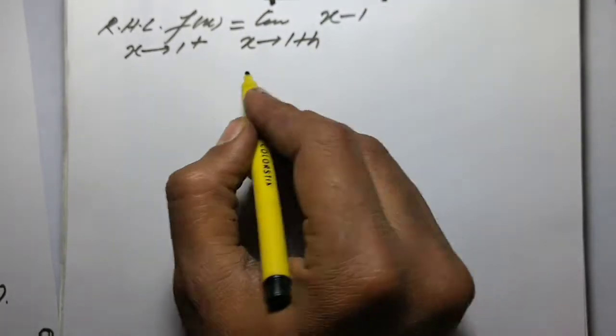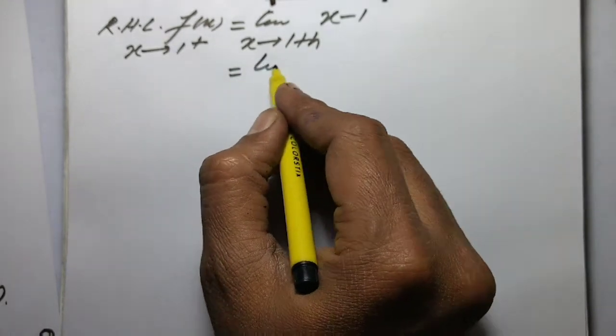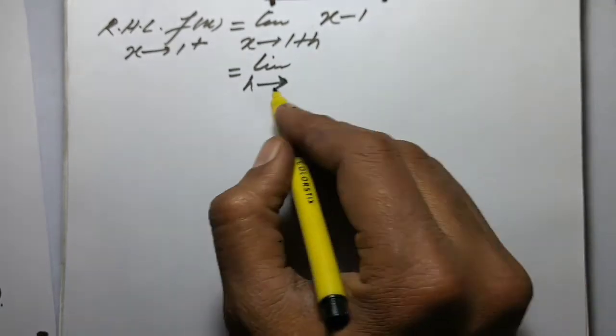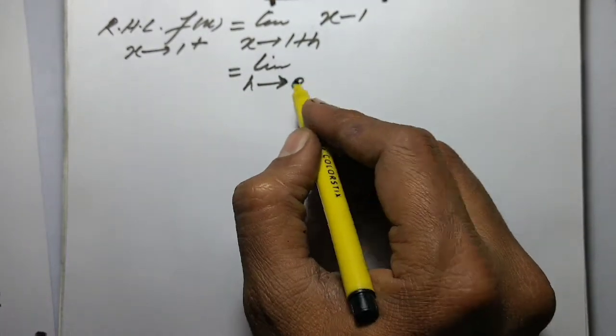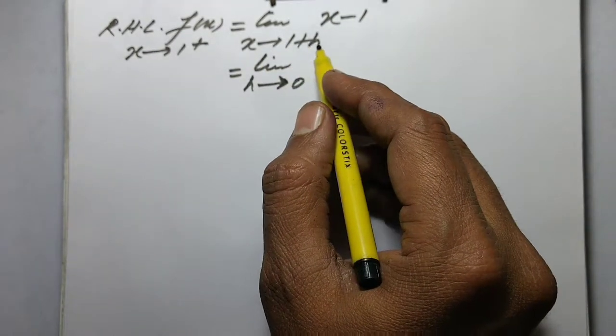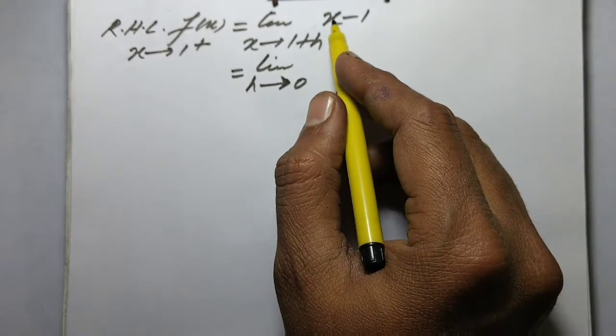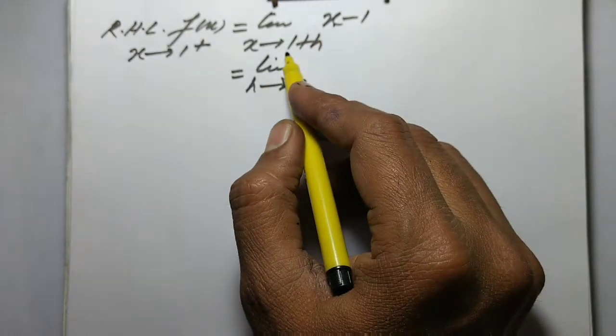In the next step, we transform the limit as we did in the left hand limit. We write h tends to 0 instead of x tends to 1 plus h, and then we replace x in the function by this binomial.